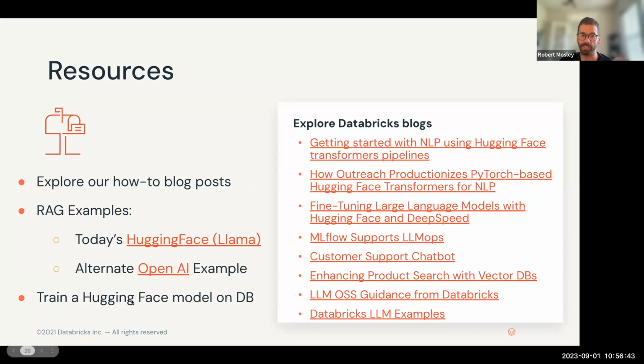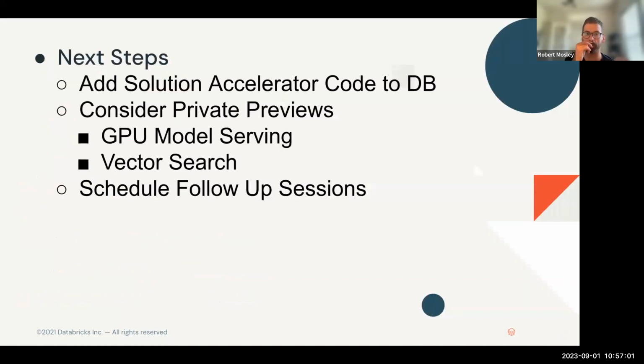You can also fine tune a Hugging Face model on Databricks if you want to go in those directions. There's a lot of blogs on these types of materials. Feel free to read through them, learn as much as you can as you start to look at your use cases. And when it comes to follow-up steps, as I said, GPU model serving and vector search.